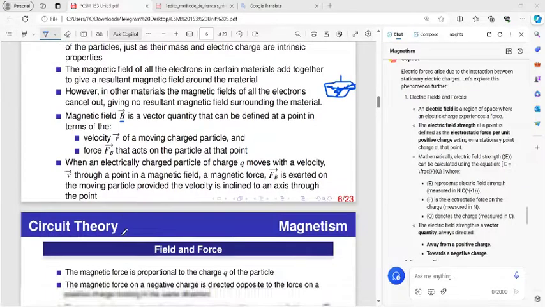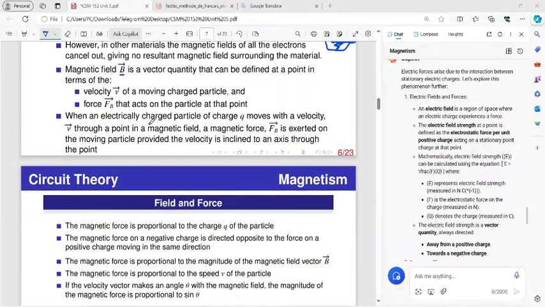So when an electrically charged particle of charge q, where q is the charge of the particle, moves with a velocity v, the speed or displacement per time of the particle, through a point in a magnetic field, the magnetic force is experienced on the moving particle provided the velocity is inclined to an axis through the point.